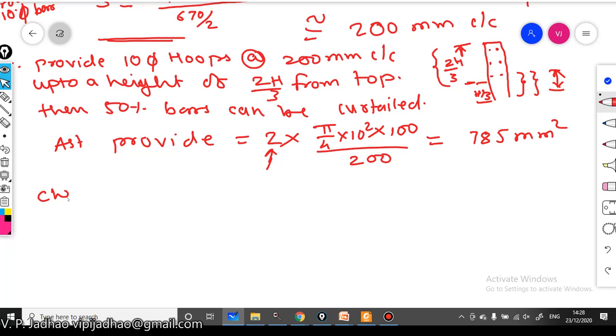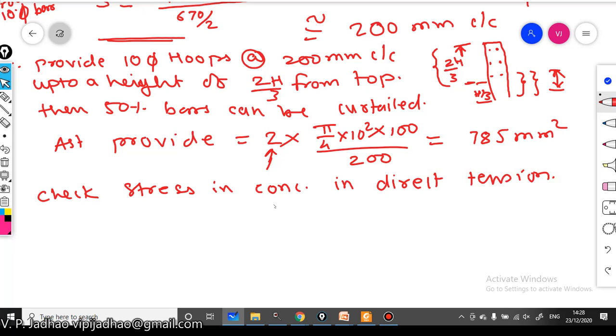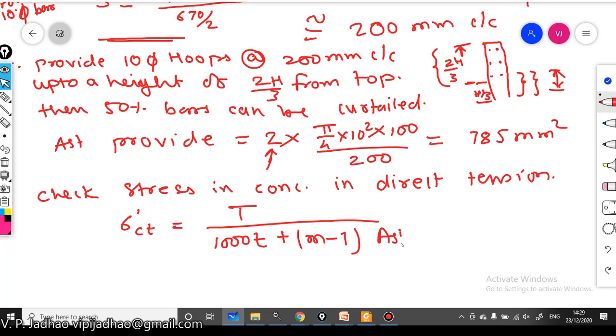So the next step is to check the stress in concrete in direct tension. The formula for calculating the stress in direct tension, sigma dash Ct, is equal to T divided by 1000 T plus m minus 1 into AST. Just put in these values.